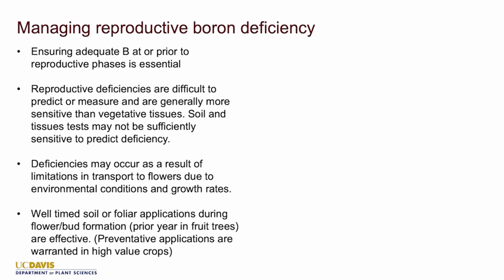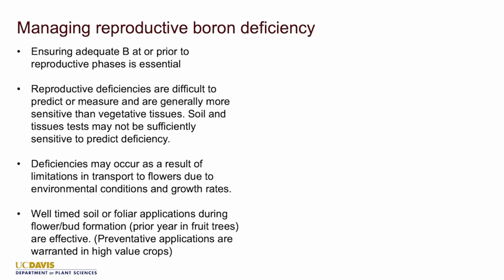Third point, deficiencies can occur as a result of limitations in transport of boron to the flower itself, and that is tied in with environmental conditions, but also growth rates. Fourth point, well-timed soil and well-timed foliar applications that are designed to make sure those flowers have adequate boron, which in a tree crop would be last year, but in an annual crop would be this year, are highly effective.